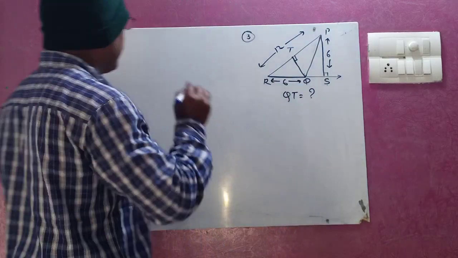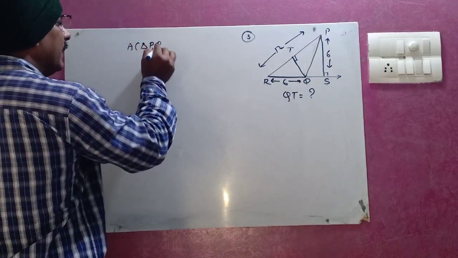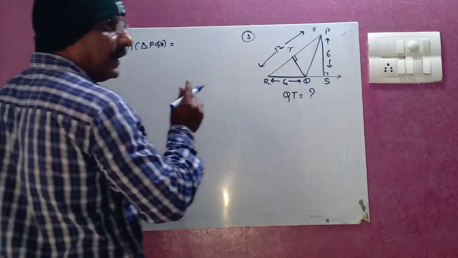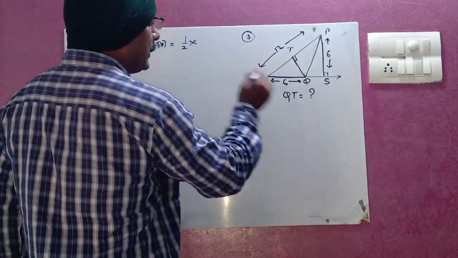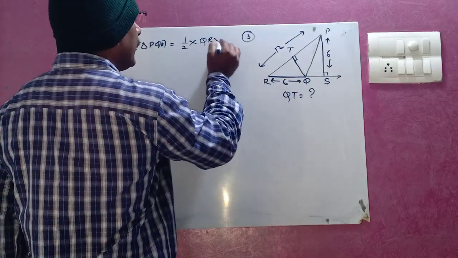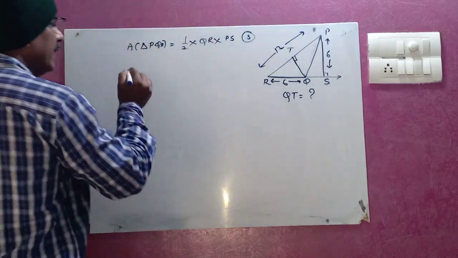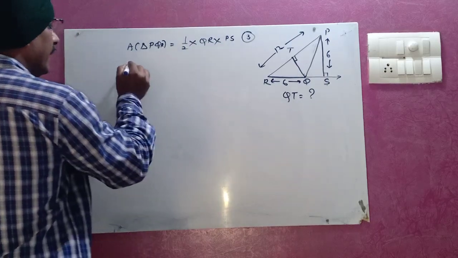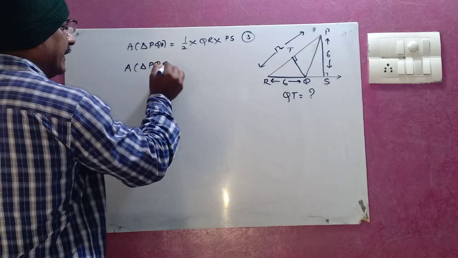See how it is. First you find the area of triangle PQR, right? How? Half into base into height, so half into QR into PS. In this case QR is the base and PS is the height. Again, area of triangle PQR, children.